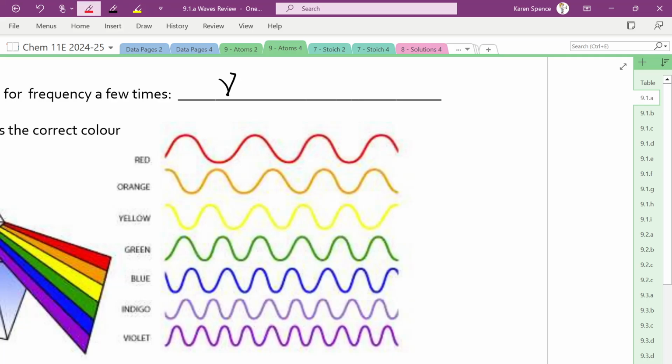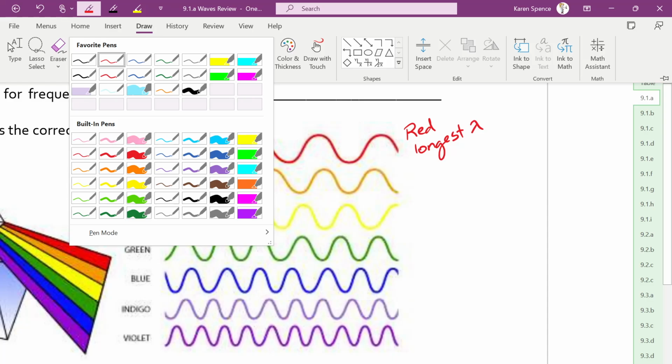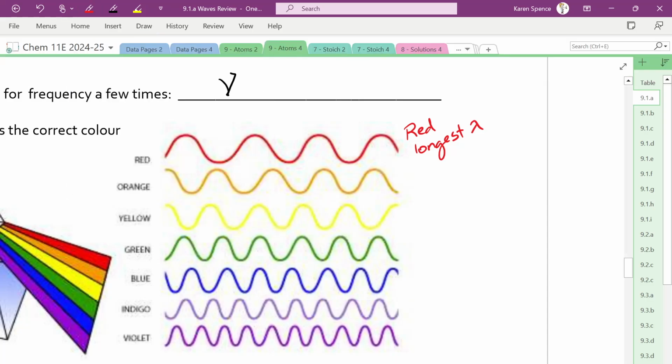Who has the longest wavelength? Red is the longest wavelength. And who has the shortest wavelength? Violet.